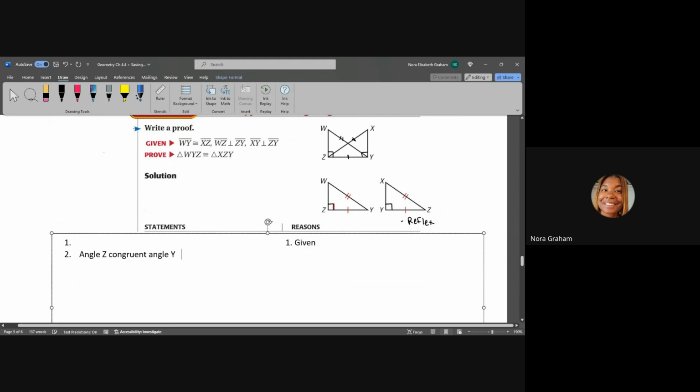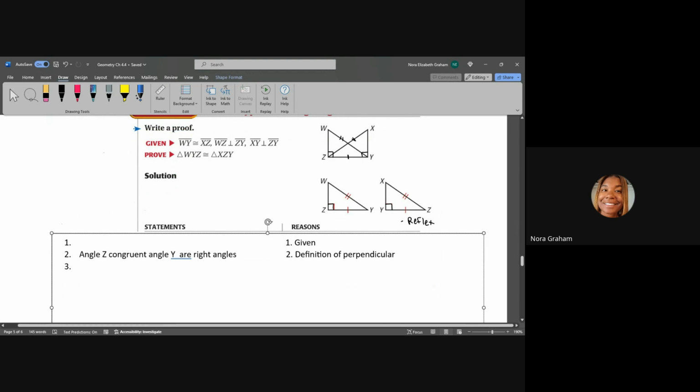These are right angles, and this is just by the definition of perpendicular.